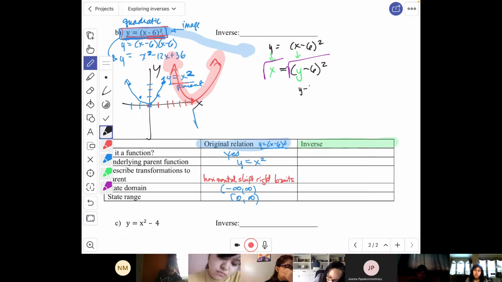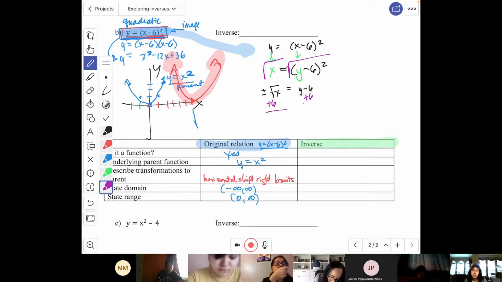That gives me plus or minus the square root of x on the left, and y minus 6 on the right. Do you see how I simplified? The square root of something squared just becomes what is being squared. Now, the last step in solving for y: we still need to isolate the y, so add 6 to both sides.